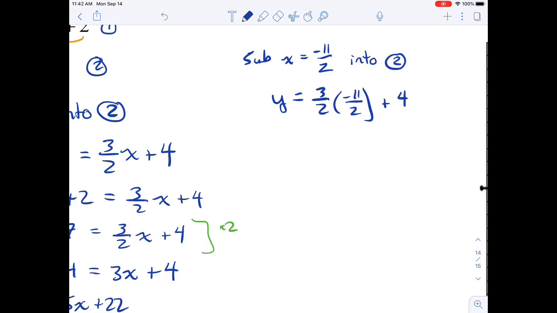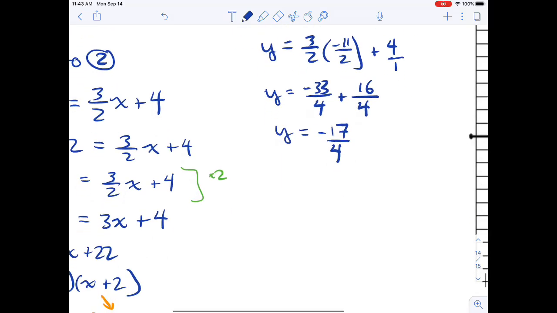Which really, because we know we're going to have to do some fractional math, let's remind ourselves that this is like 4 over 1. Negative 33 over 4. Added with, this can become 16 over 4. Negative 17 quarters is the y value that goes with it.